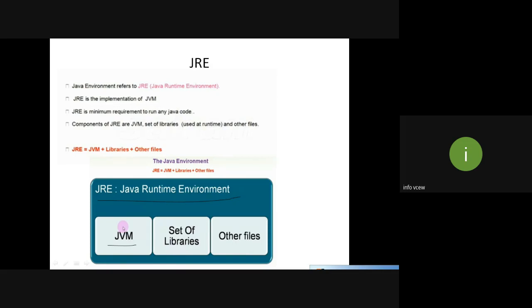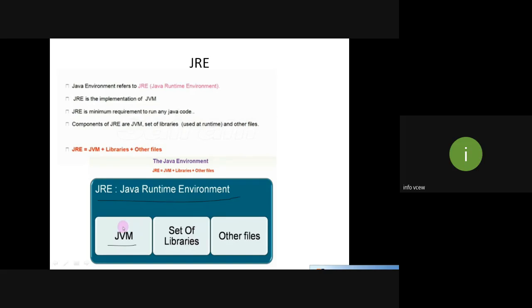Note that one thing is important. JRE only runs the Java program, not for developing the Java program. Can you understand? Whatever bytecode you give, JRE will run it, but it cannot compile a source file. Compilation is not possible in JRE and it cannot develop a Java program. Can you understand or not? Yes, ma'am.